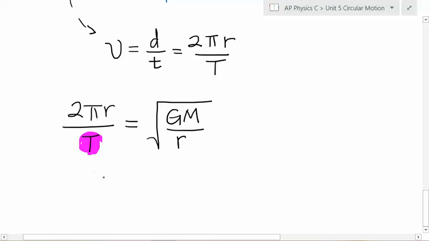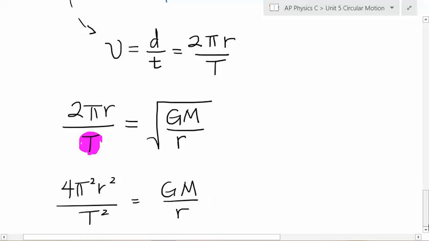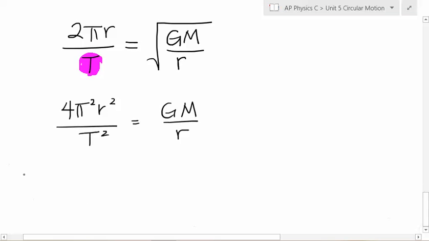So if I do some math here, I can square both sides, and I'll have 4 pi squared r squared over period squared is equal to capital G, capital M over R. So then 4 pi squared r cubed over G capital M is period squared.